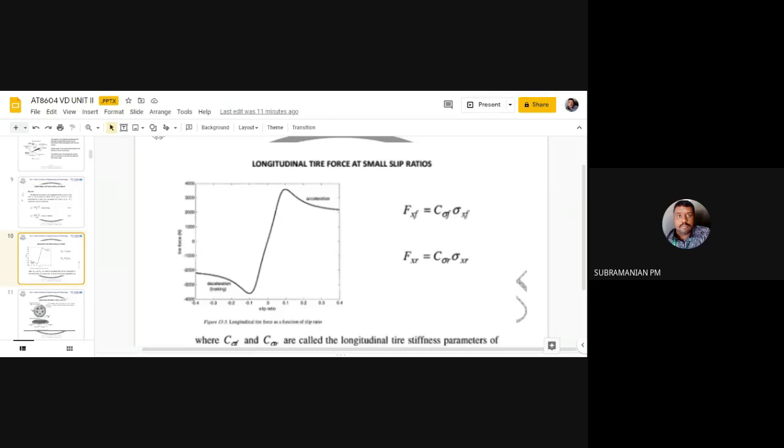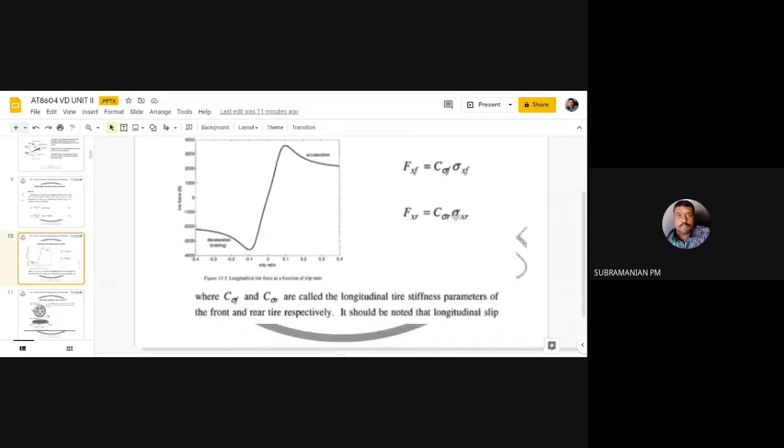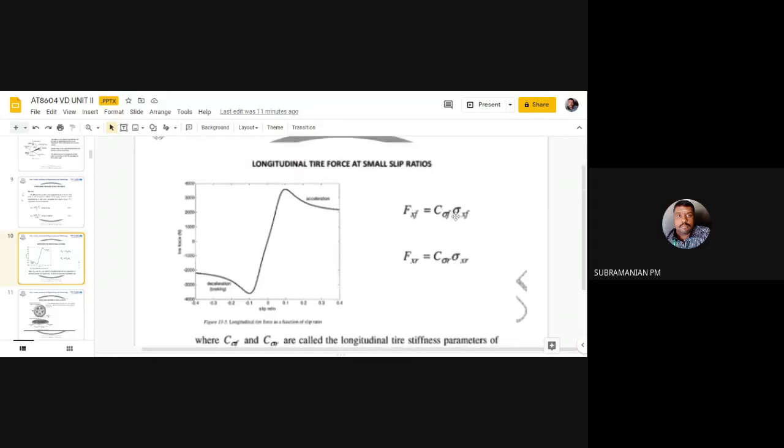When I want to find the longitudinal tire stiffness, I have to divide this force by the slip ratio. Otherwise, I can say my longitudinal tire force is directly proportional to the slip ratio in this region. So C sigma, the longitudinal tire stiffness, is a constant.